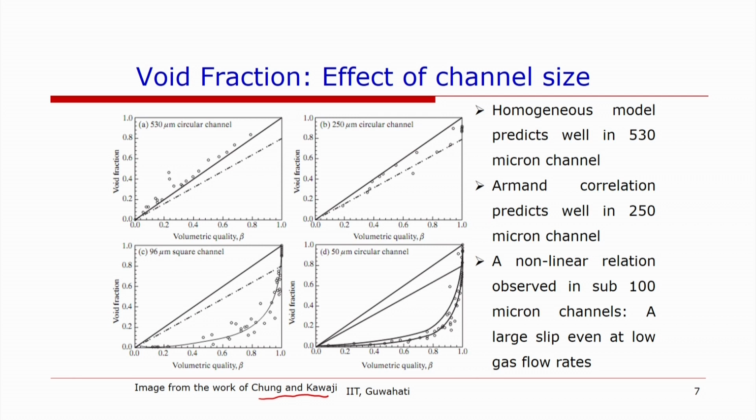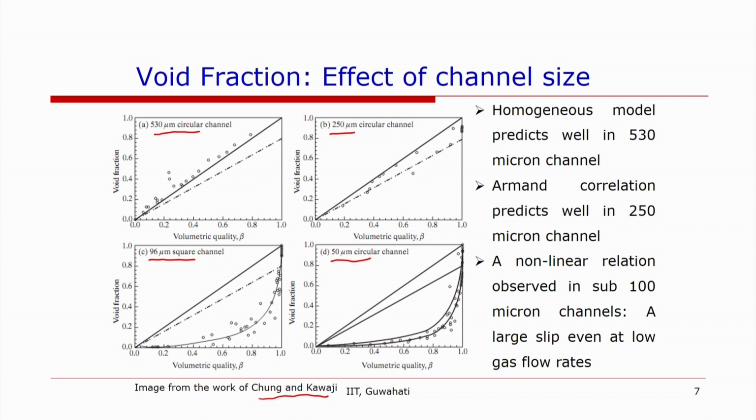So here, 530 micron channel diameter, 250 micron channel diameter, so this is 0.5 mm, 0.25 mm, 96, so about 100 micron channel diameter and 50 micron channel diameter. Three of these channels are circular, and the channel of about 100 micron size is a square channel.